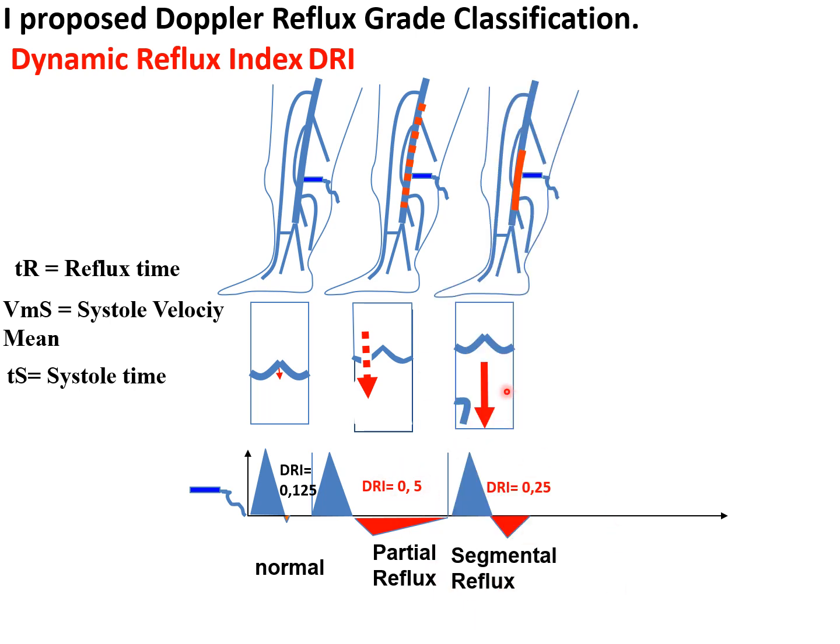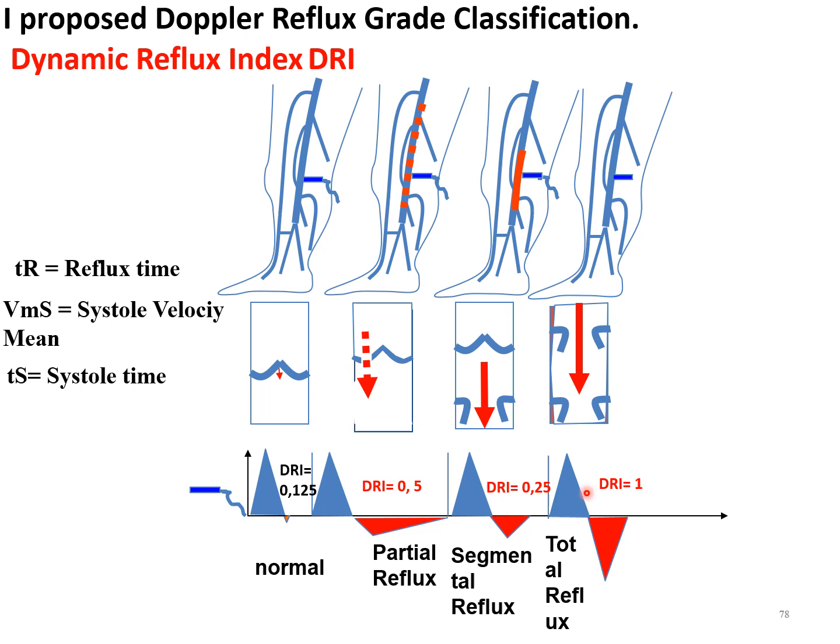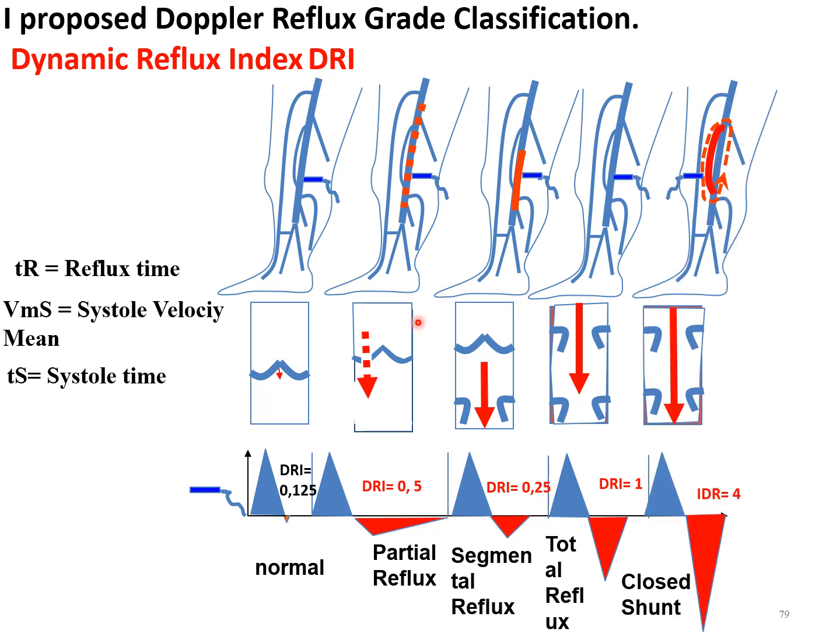Segmental reflux, here just intermediate valve incompetence, has a value of 0.25. Total reflux here is where all the valves are incompetent. In a closed shunt, the reflux is more important, the diastolic flow is more important than the systolic.